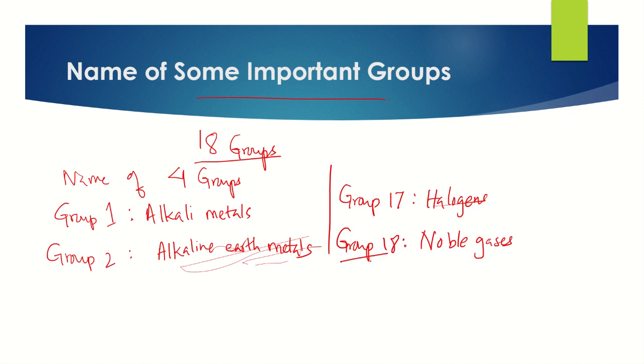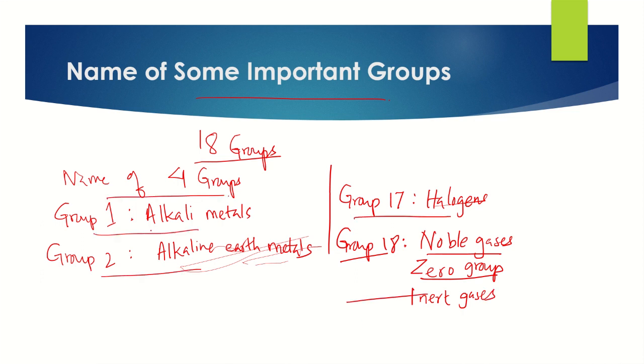Now when it comes to group number 18, we have 3 names for the group. The first one we have already learned, it is noble gases. The second one we also call the zero group. And the third one we also call inert gases. Now let us explore the meaning behind the names.